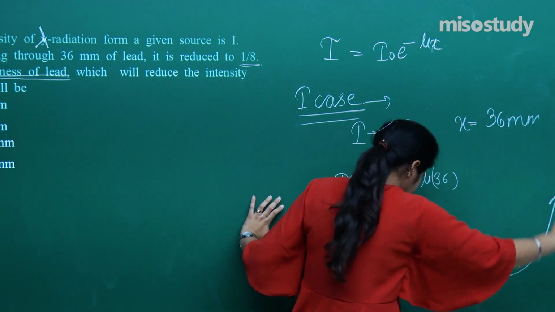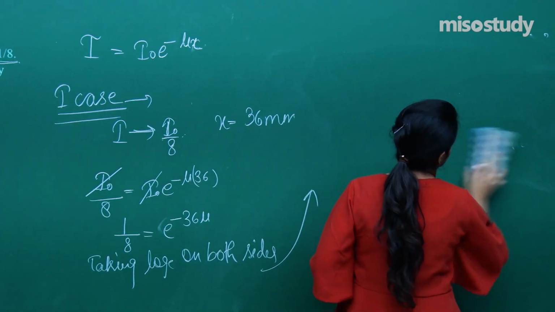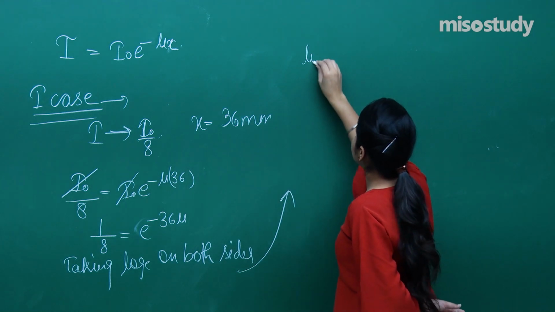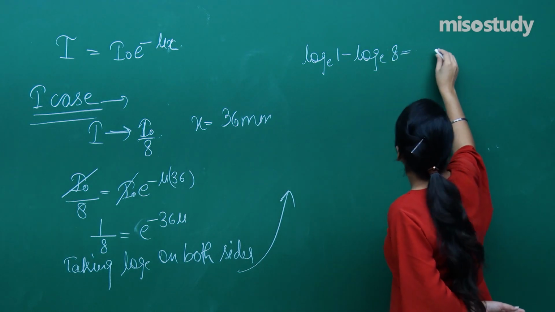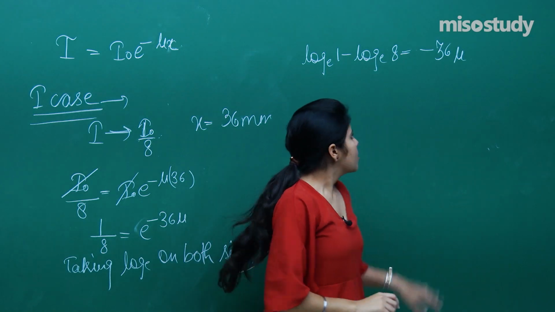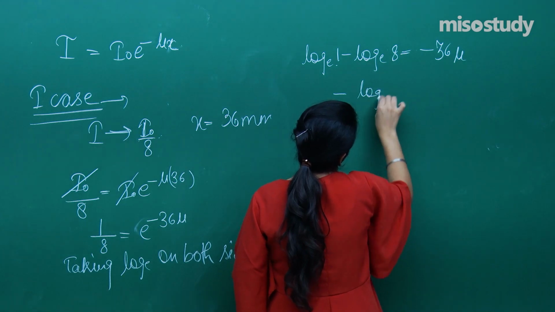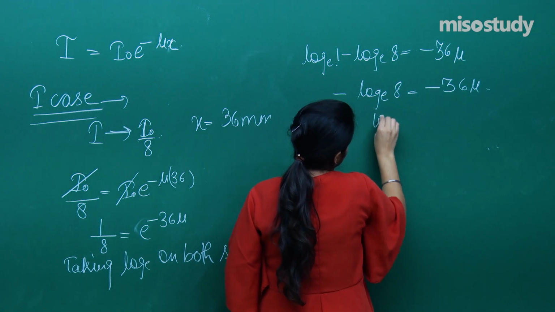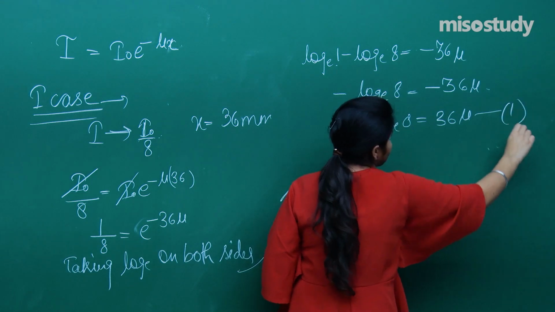So my log will be here: log 1 minus log 8 equals minus 36 mu, right? Now we know that log 1 is 0, so minus log e base 8 equals minus 36 mu. So minus minus cancelled. This is your equation number 1.